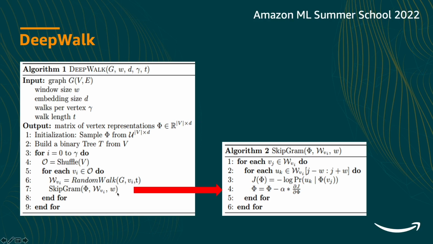Then we apply skipgram to learn these embeddings. Just to reiterate, in skipgram we maximize the probability of the nodes that we visited in our random walk given the center node. So that's how the DeepWalk algorithm is trained.